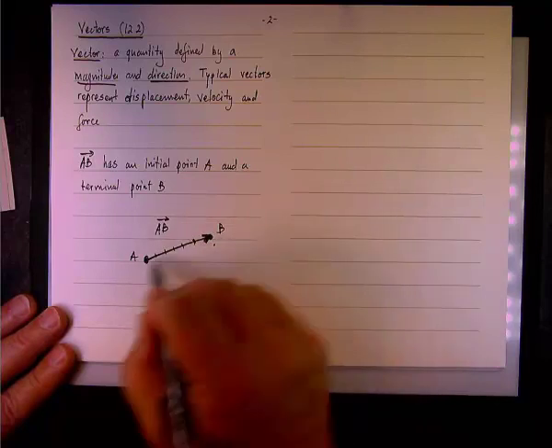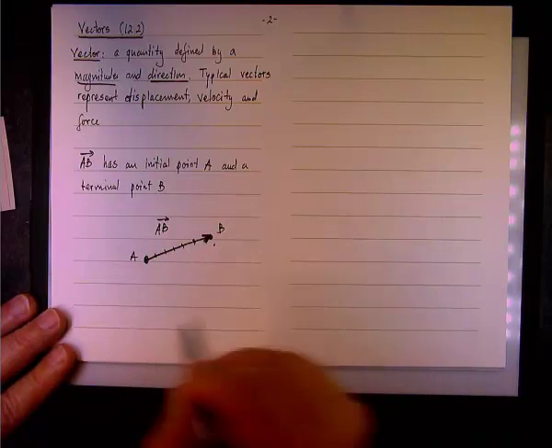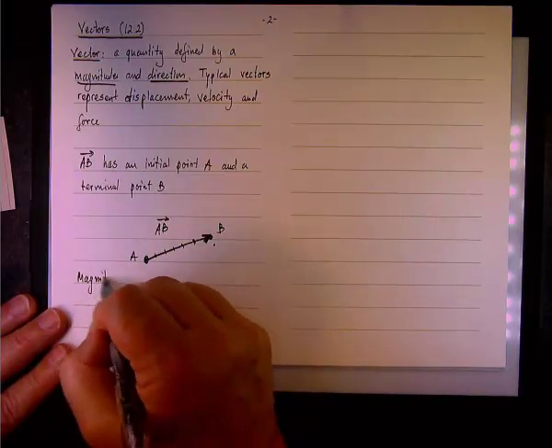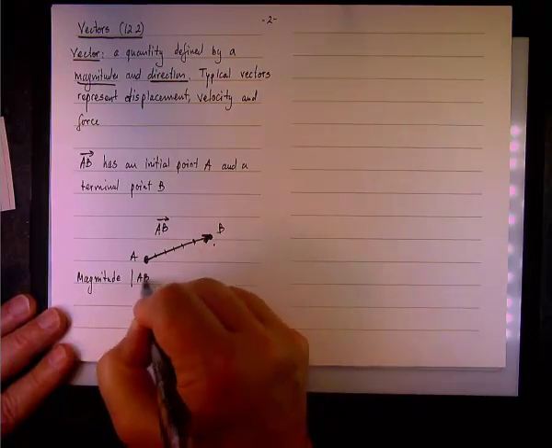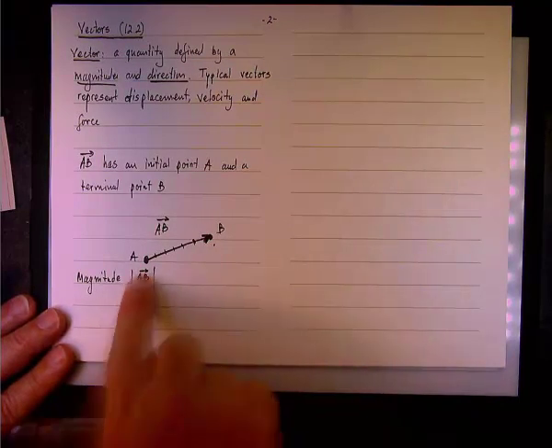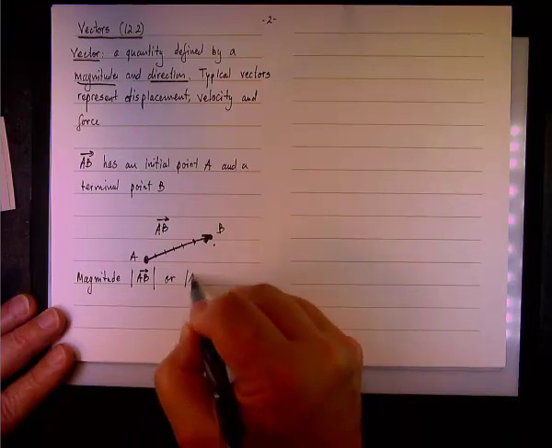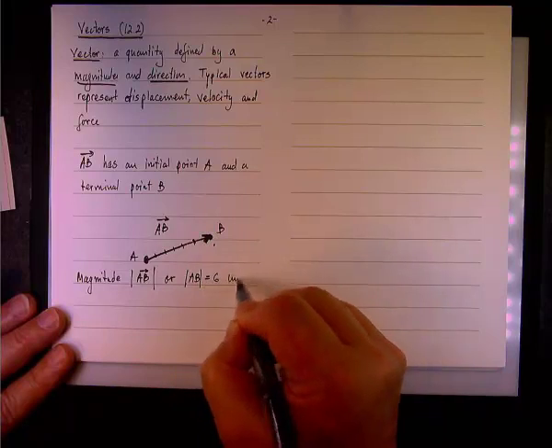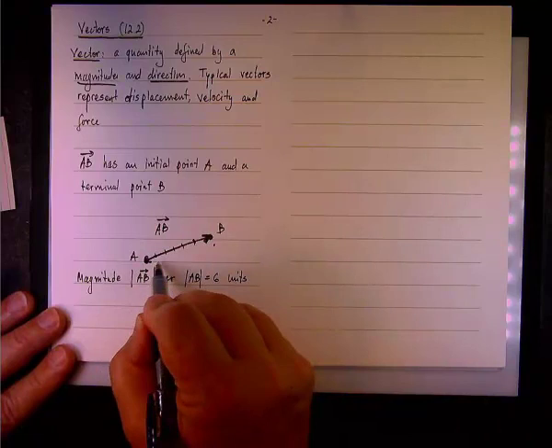Notice that the magnitude is usually represented by the length of the vector. So in this case, we're going to say that this vector has 1, 2, 3, 4, 5, 6 units. The correct notation for the magnitude uses an arrow on top, but a lot of the time in our textbook, the arrow is dropped. So in our course, we'll use just this one, and it equals 6 units.